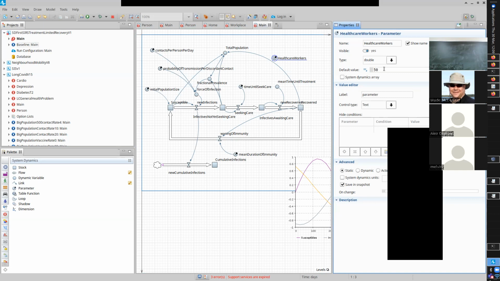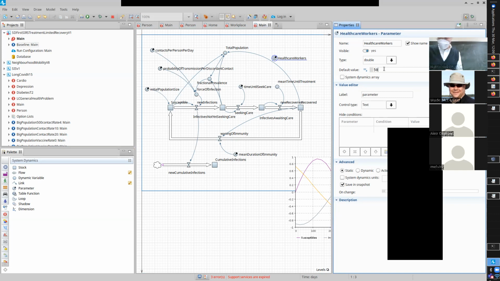Some number of healthcare workers, and we have patients awaiting care. And there's going to be a time required per patient. Great.